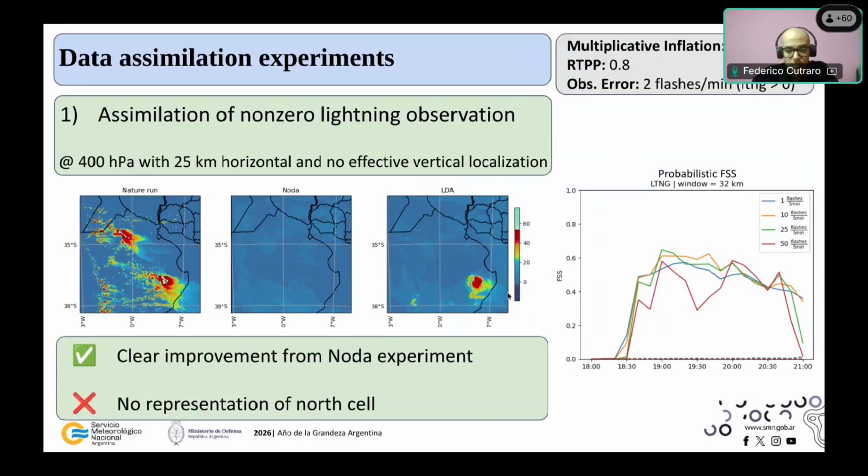We can see a clear improvement with respect to the NODA experiment, but there's no evidence of this cell in the north of the domain, because there is a limitation in the LETKF methodology: if no members present lightning, you cannot assimilate the observation, because the methodology doesn't know how to apply the increments in the forecast.